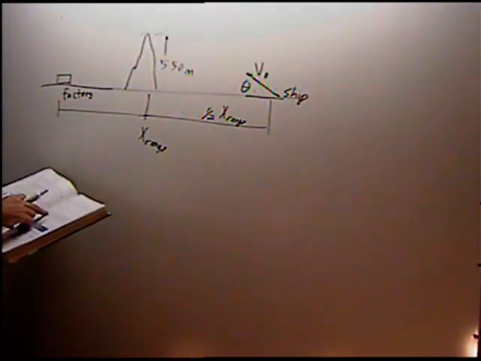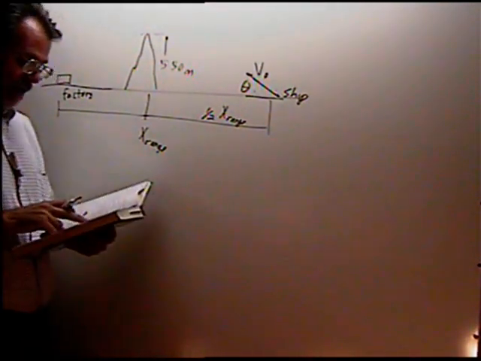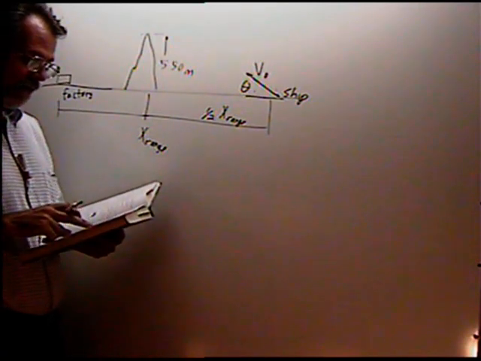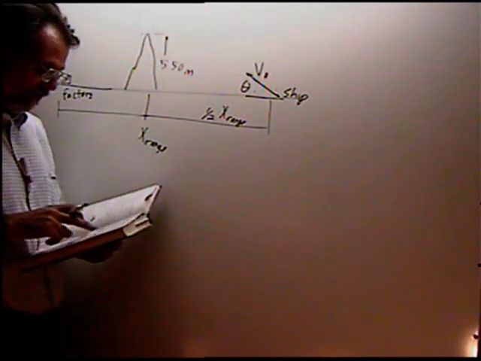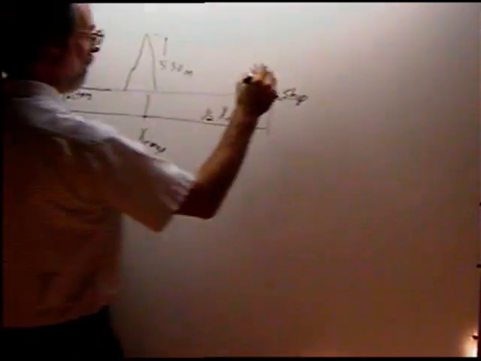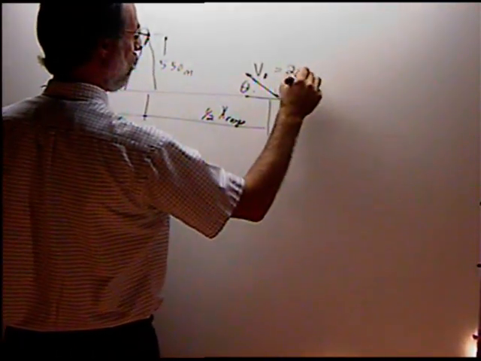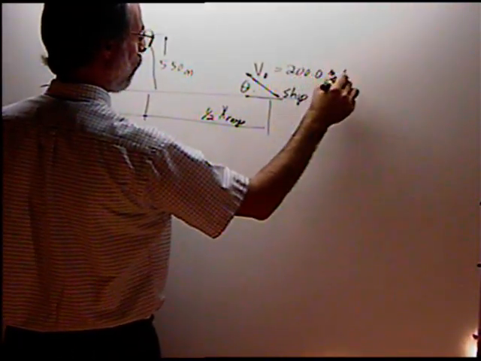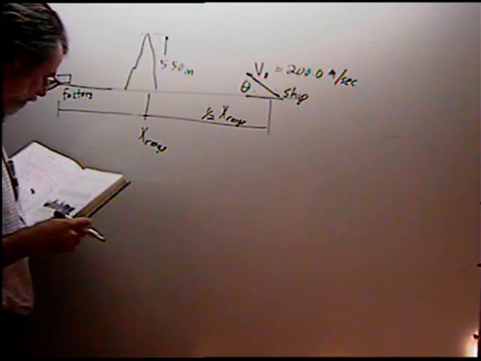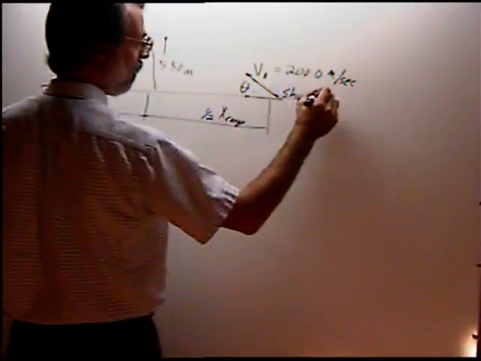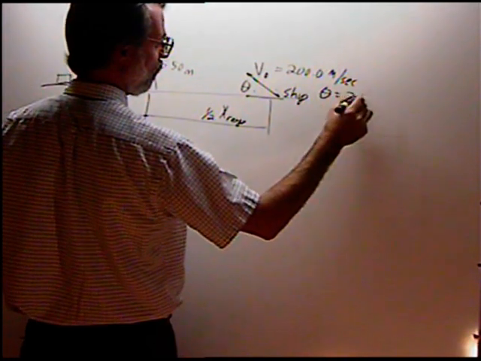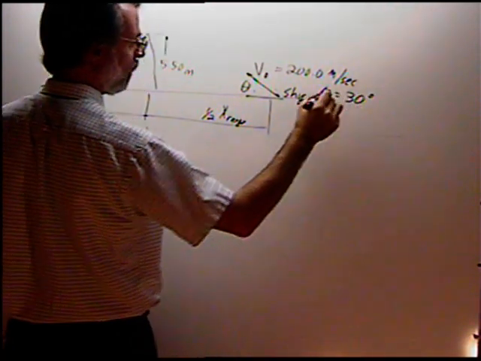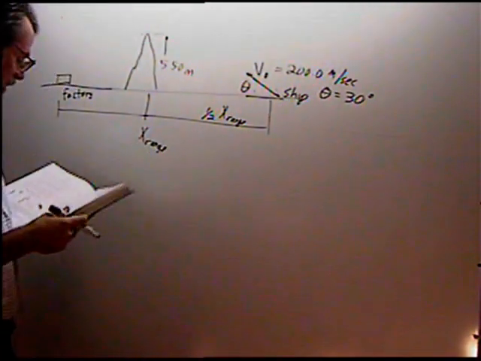Okay. In order to hit the factory, the gunnery sergeant determines that the projectile's initial velocity must be 200.0 meters per second, and the angle here must be 30 degrees. That's what he calculates in order to hit the factory. Okay.